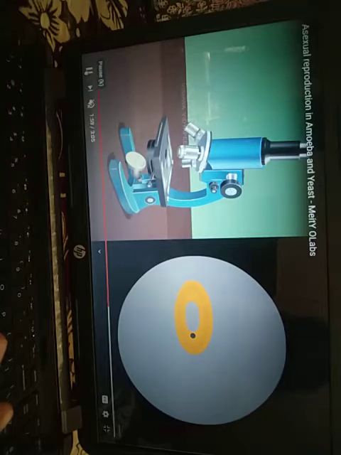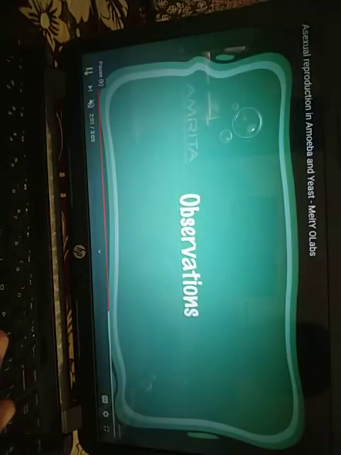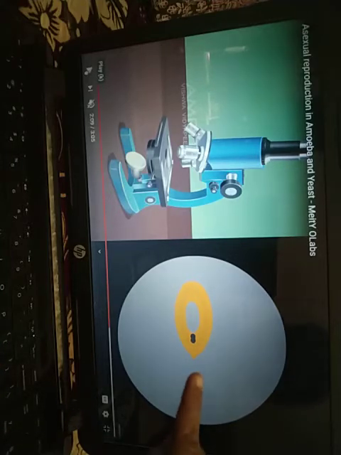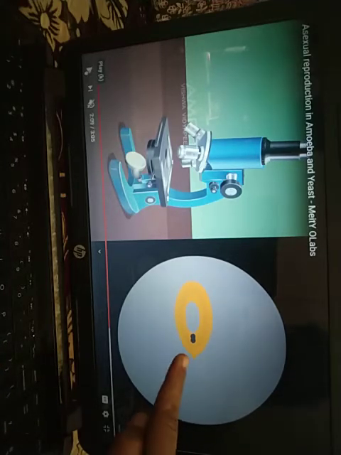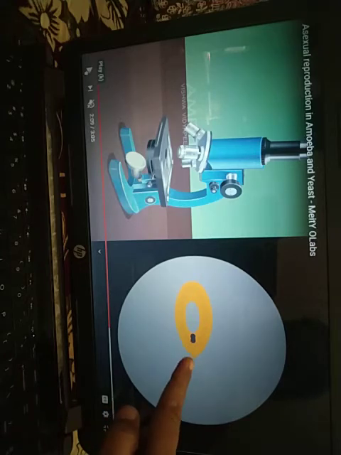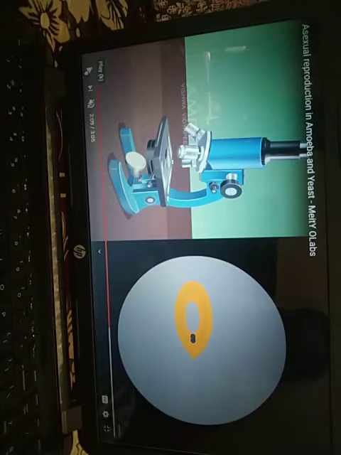So here what you will see is, see, an outgrowth has formed, the nucleus has started dividing, and the outgrowth is there. So this nucleus will migrate to this part.